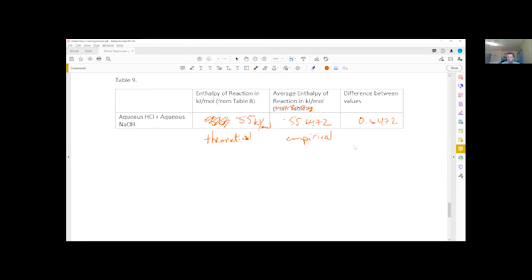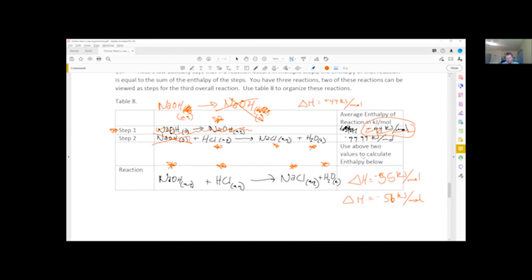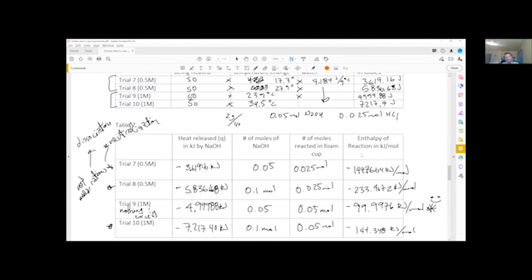Okay, I hope this was helpful. It's a little bit challenging because trials 7 through 10 presented a whole different issue to us. But the important thing is with that one, we are concerned with a 1-to-1 molar ratio.